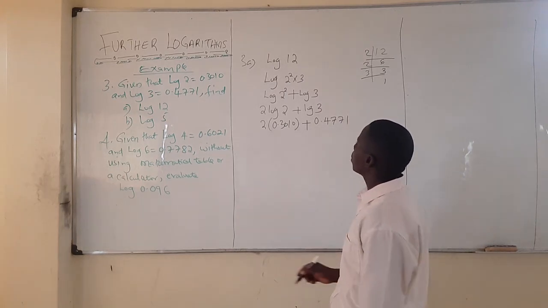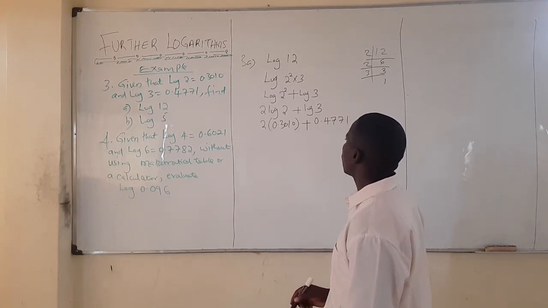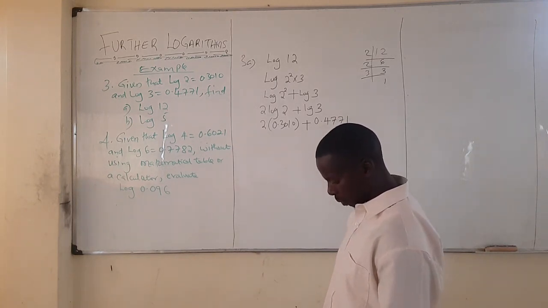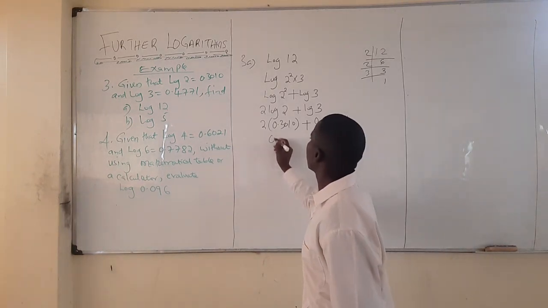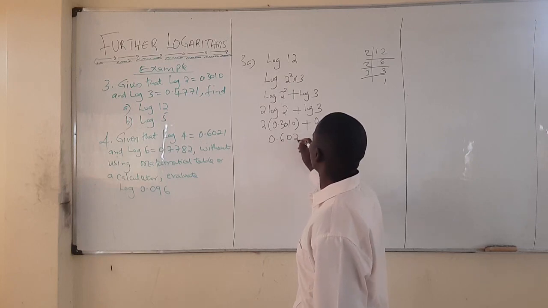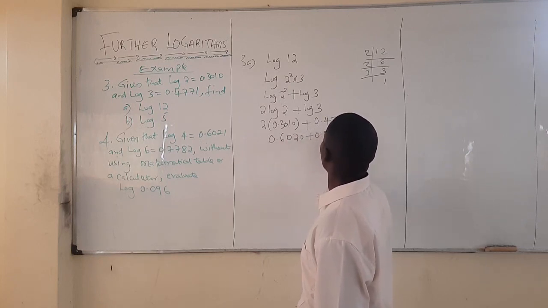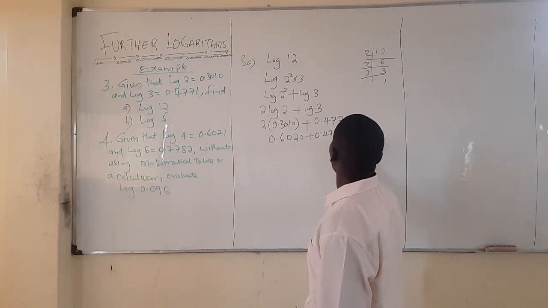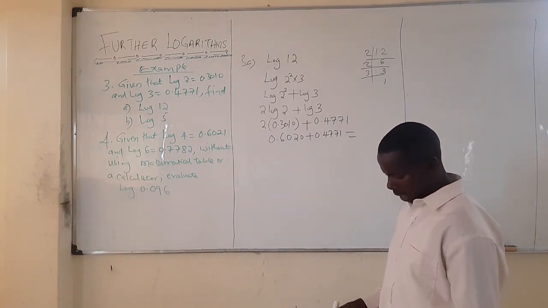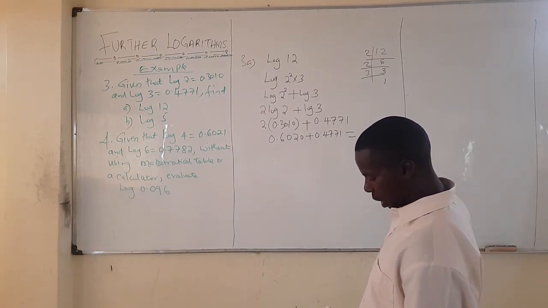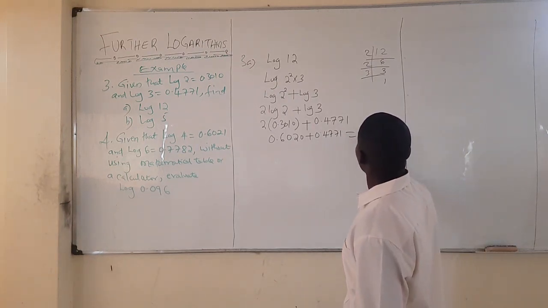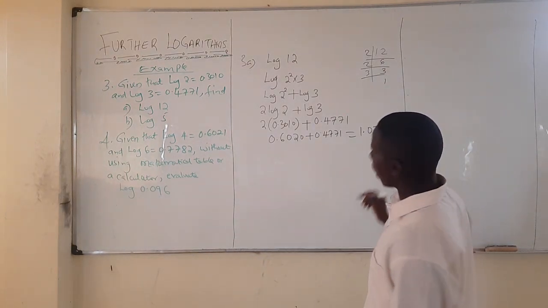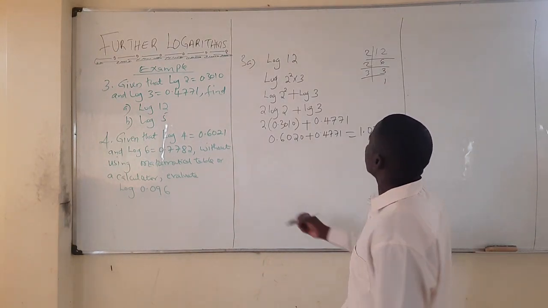So 2 times 0.3010 we should get 0.6020 plus 0.4771. When you add the 2, you get 1.0791. So that is the log of 12.